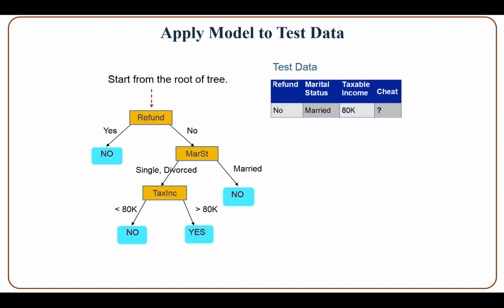Given a test record with refund, marital status, taxable income given, the task is to label the record as cheat or no cheat, starting from the root of the tree with refund.